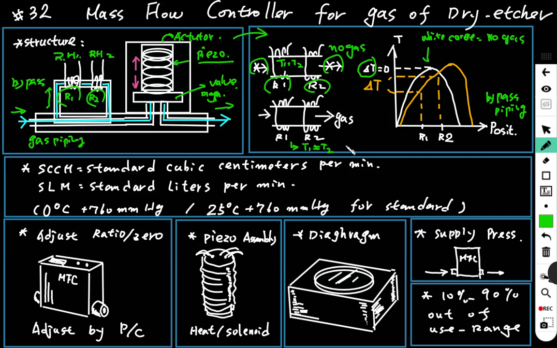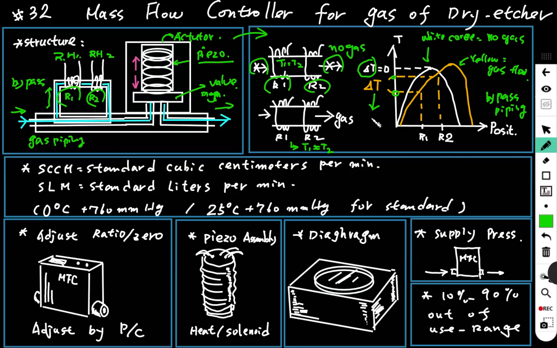In this situation, due to the different positions, you can see the R1 temperature is here and the R2 temperature is here. You see the yellow curve, the gas flow situation. Then T2 and T1 have a difference. We call it delta T.